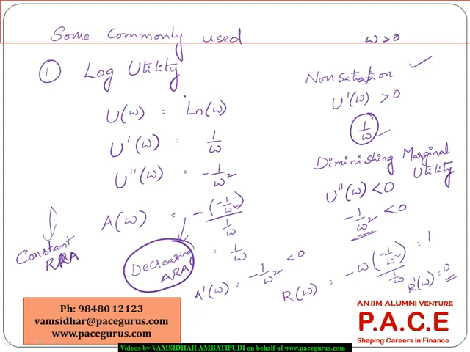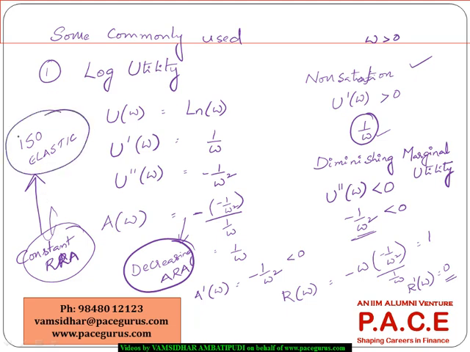Utility functions which exhibit constant relative risk aversion are called isoelastic, which is nothing but the elasticity of the marginal utility being constant.